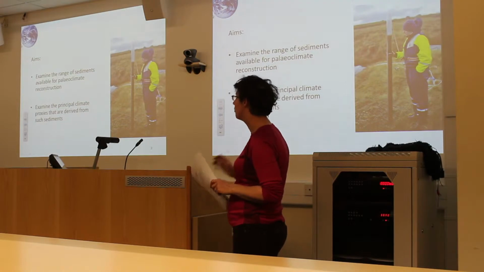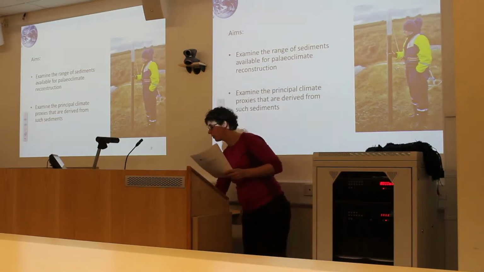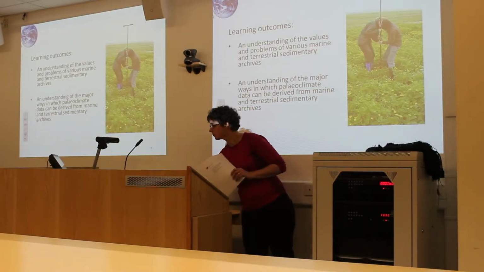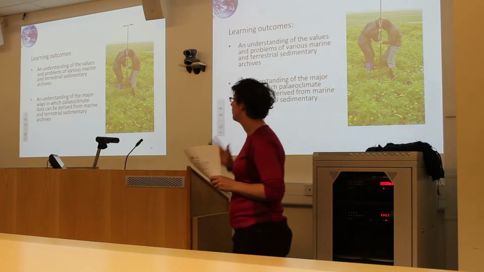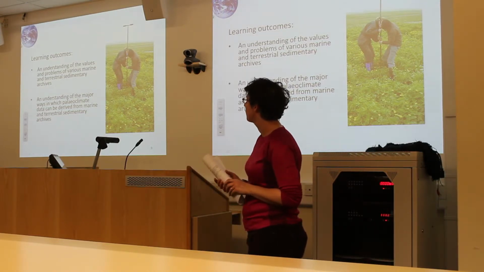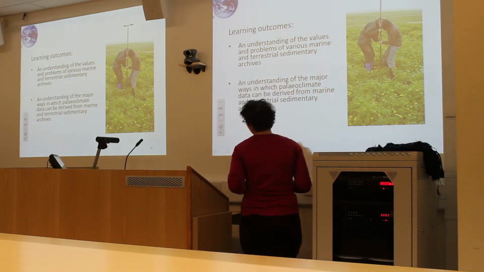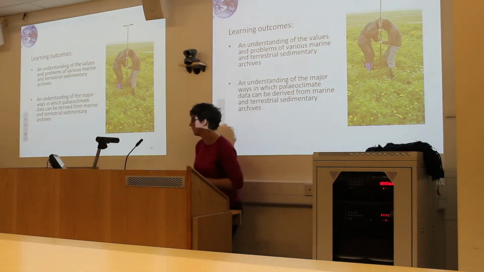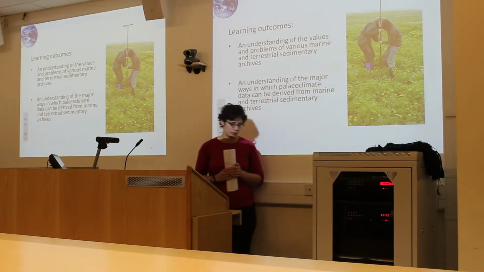So I'm going to introduce you to that, and then later in the session point you to where you can find out more. So hopefully by the end you have some idea of major ways that we can use paleoclimate data derived from marine and terrestrial sediment archives, or what we can find out from them basically, and work out some of the problems and values of that.